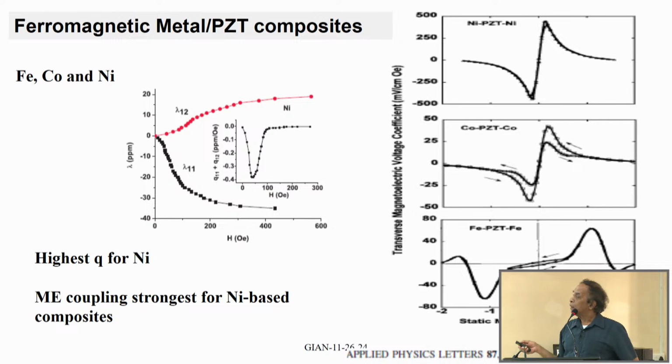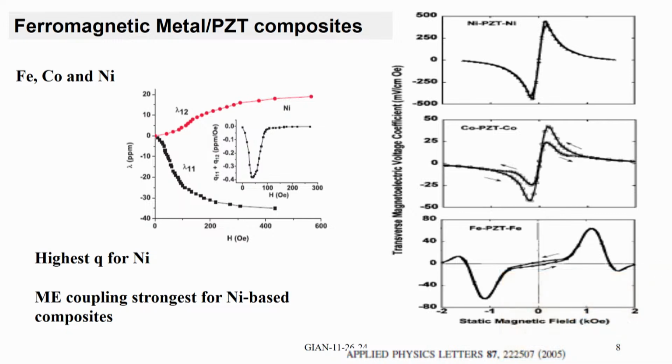field. And so, these are the tri-layers of nickel, PZT, nickel, or cobalt, PZT, cobalt, and iron, PZT, and iron. As you see here, with nickel, you have very high magnetoelectric voltage coefficient.